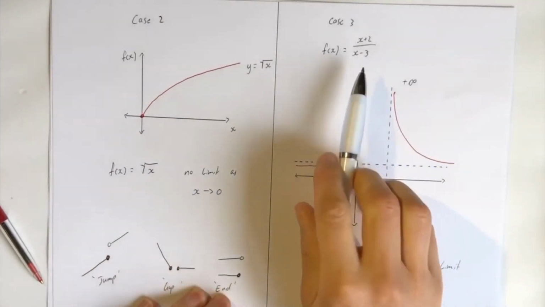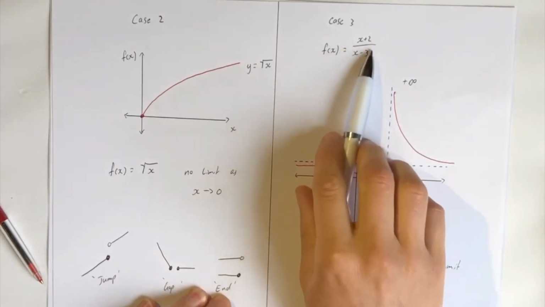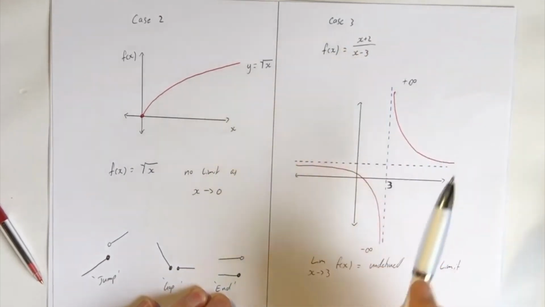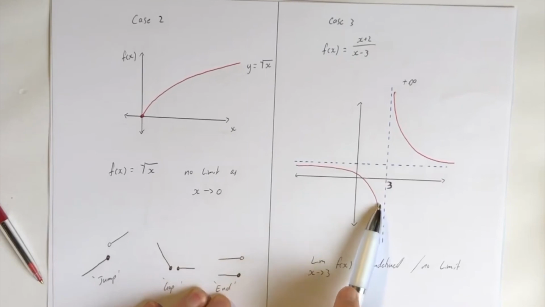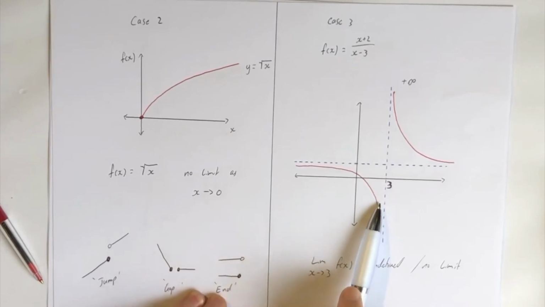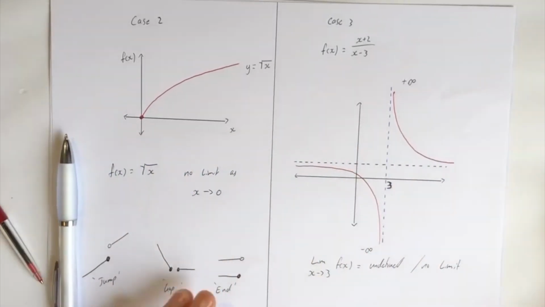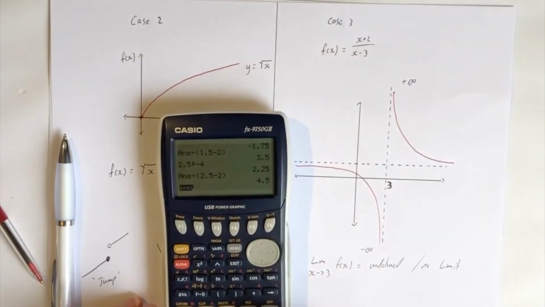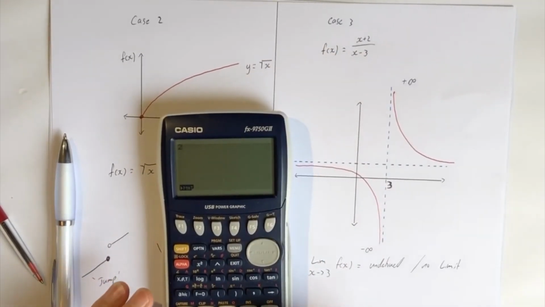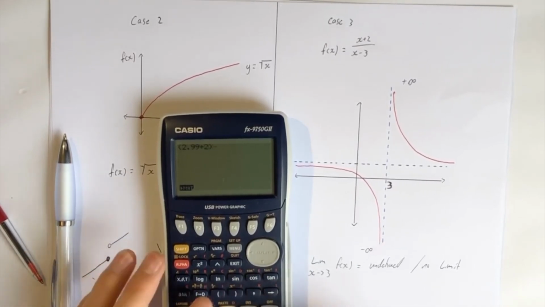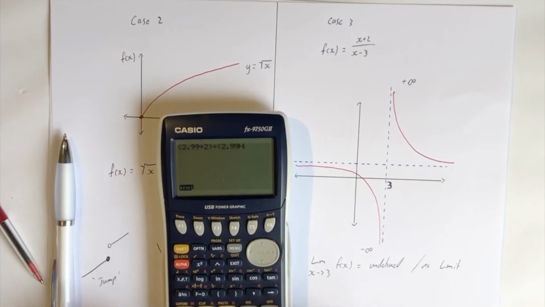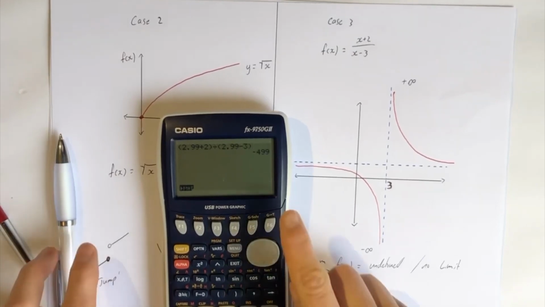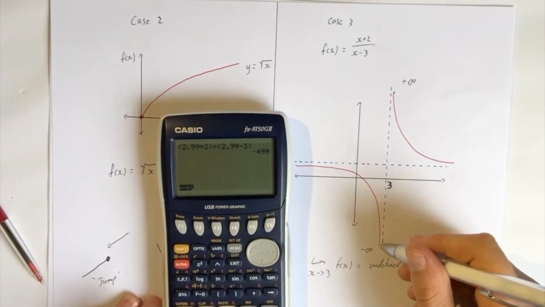But say it was a curve, you didn't know what it looked like, but you could see the bottom was going to 0, you would have to look at a number close to that number from the right and a number close to it from the left. So if I was to put 2.99 into this function, what would that look like? 2.99 plus 2 divided by 2.99 minus 3, and that's negative 499.